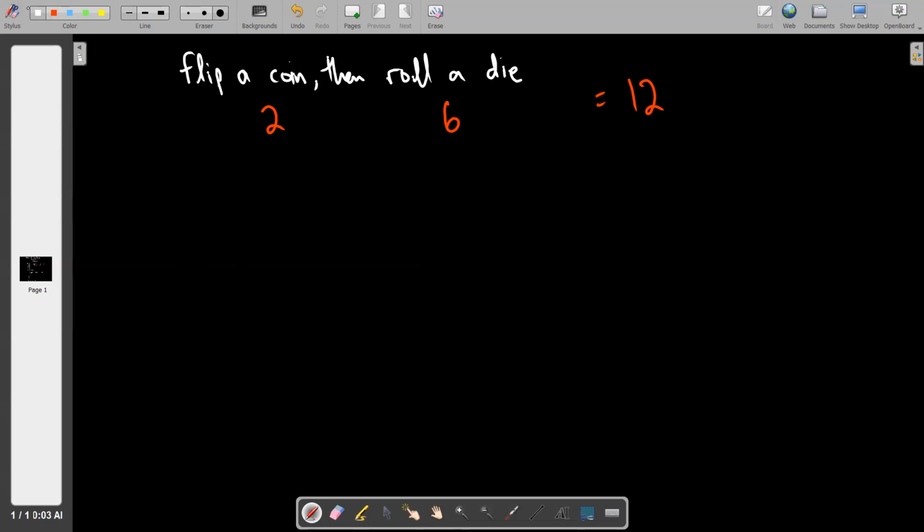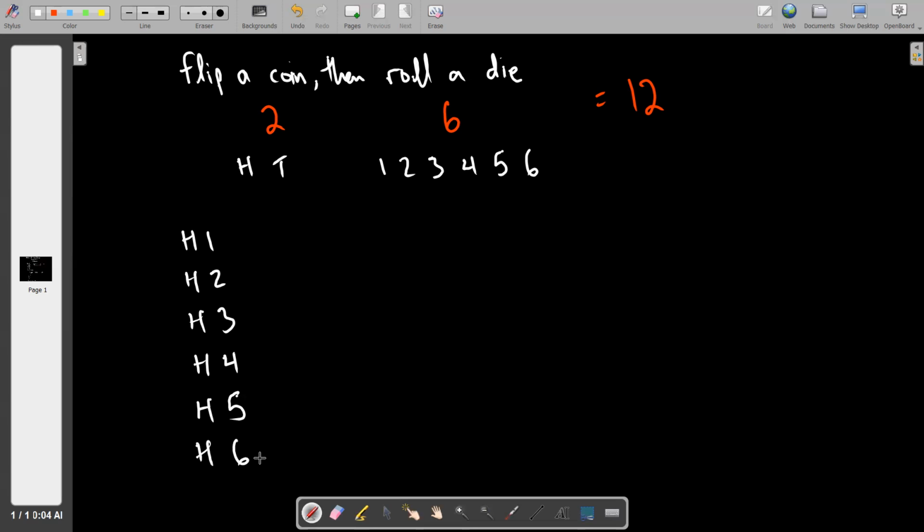I showed you this a little bit last week. If I were going to make a sample space out of this, I could say, okay, the 2 things that can happen when I flip a coin are heads and tails. And the 6 things that can happen when you roll a die are 1, 2, 3, 4, 5, and 6, right? So a sample space would be something like this. I could get heads 1, heads 2, heads 3, heads 4, heads 5, heads 6.